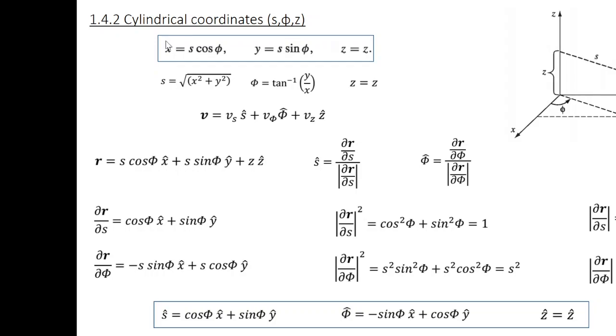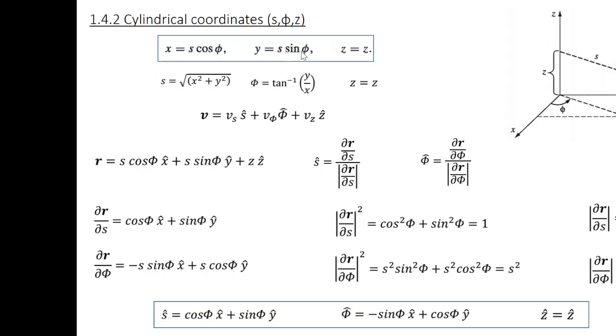You can also derive the converse relation. So look at x and y. Take x squared plus y squared. This is s squared cos squared phi plus s squared sin squared phi. s squared is common. Take it outside. You have s squared into cos squared phi plus sin squared phi, which is 1.